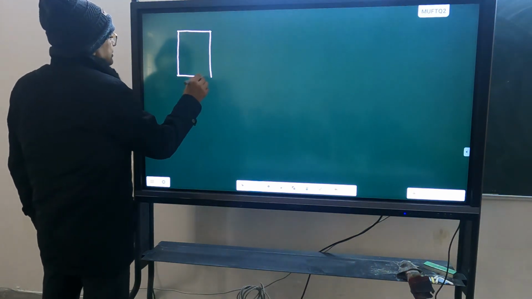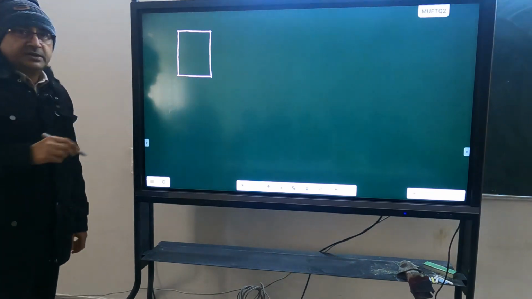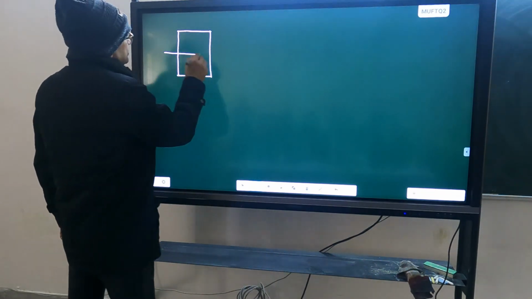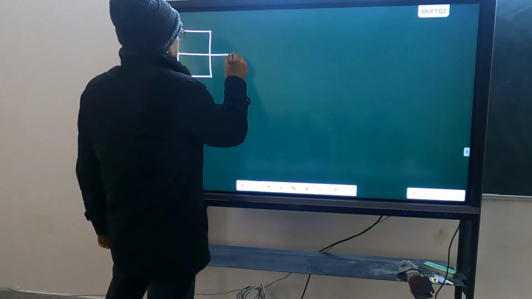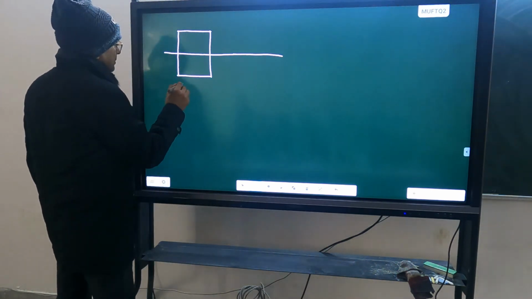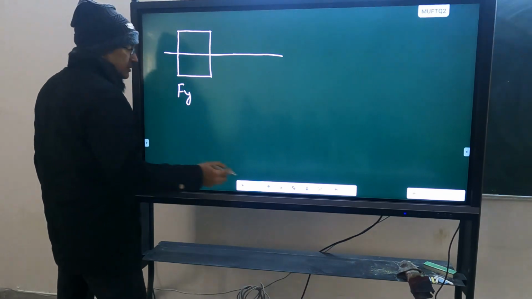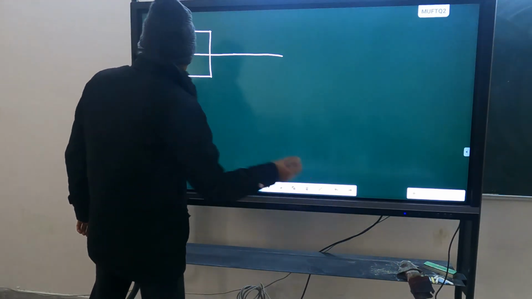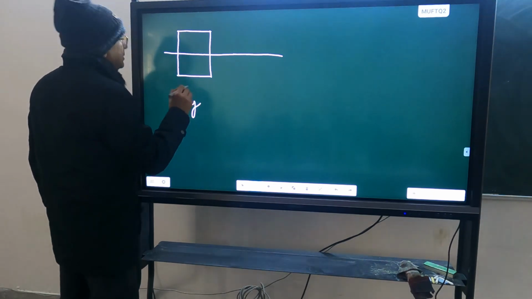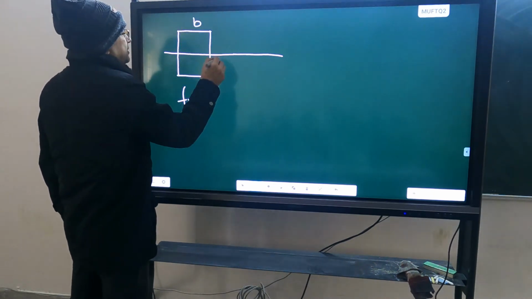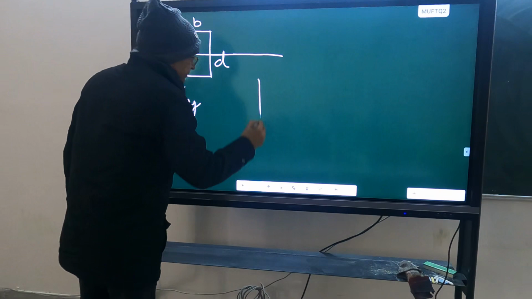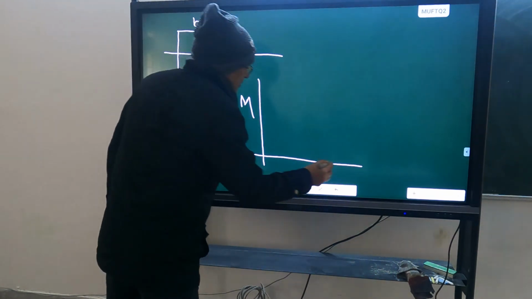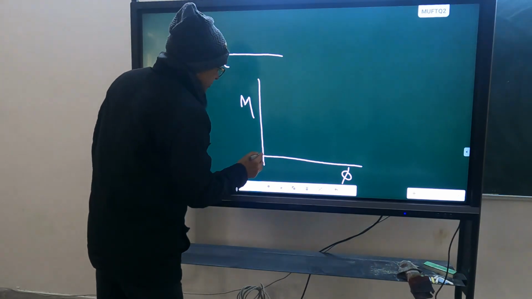In the last class, we considered a rectangular section made of steel, which has yield strength Fy and dimensions b and d, and then we plotted the moment curvature curve.